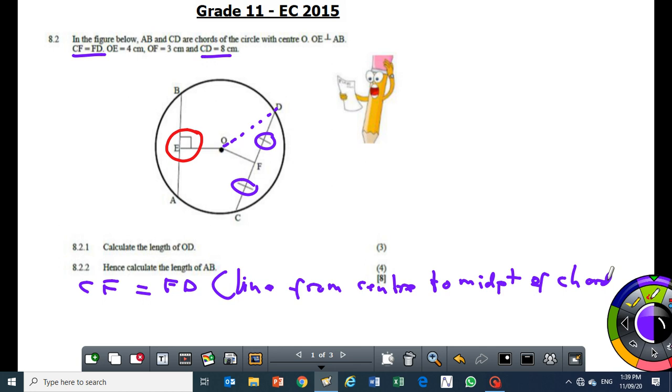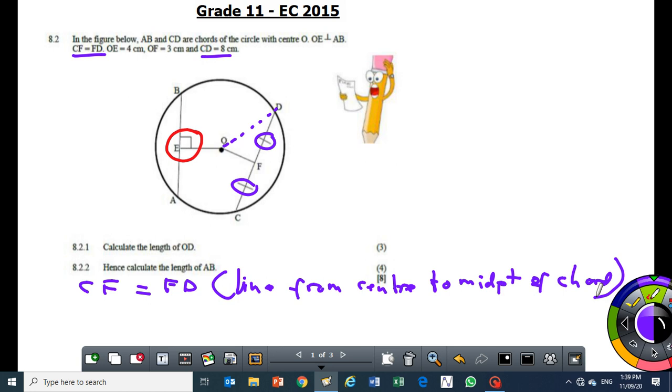Now, when you write this reason, it means that CF is going to become FD, and OF is going to be perpendicular to CD, because of this reason. So this reason covers the fact that this angle here is going to be 90 degrees.